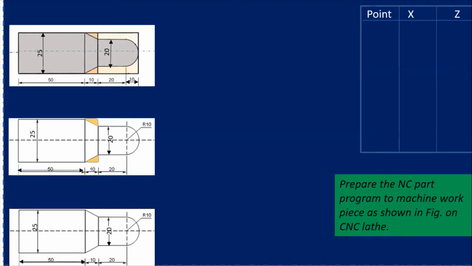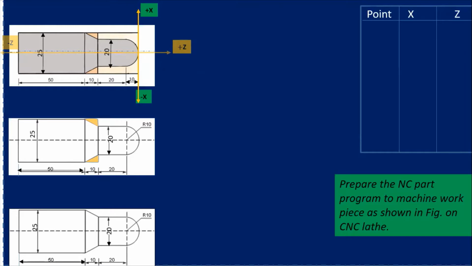Before writing the program, we should understand the coordinate system. We always consider the length of the job along the z-axis and the diametrical size of the component along the x-axis.